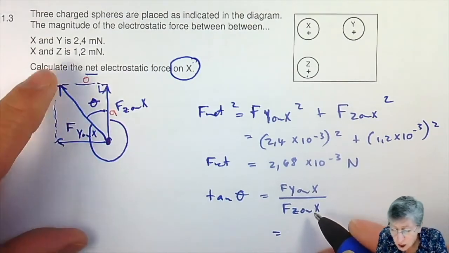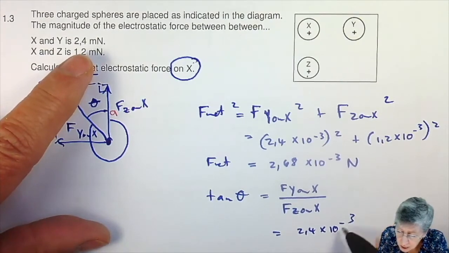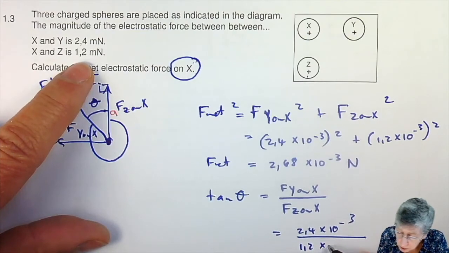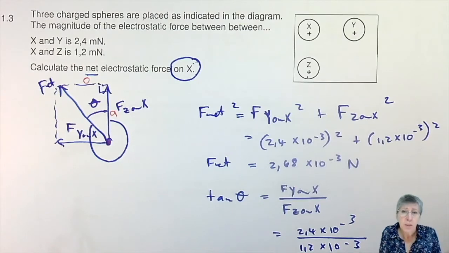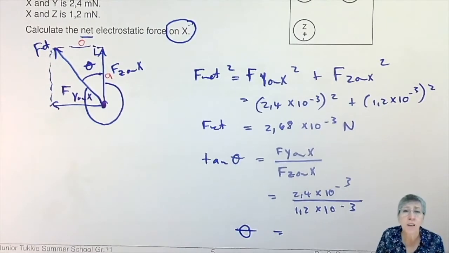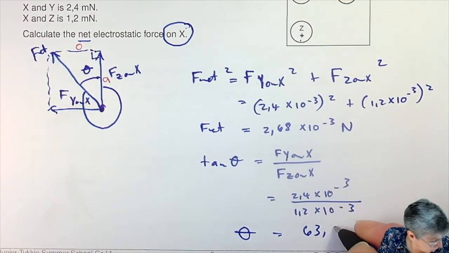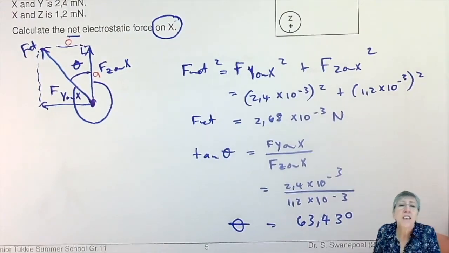Now, y on x, that was the 2.4 times 10 to the minus 3, and z on x, that will be 1.2 times 10 to the minus 3, and then working out the angle. Right, so you have to work with second function tan of 2. Right, and that should give you 63,43 degrees. Right, is that the direction?